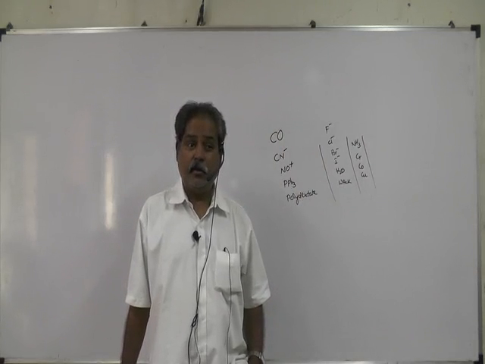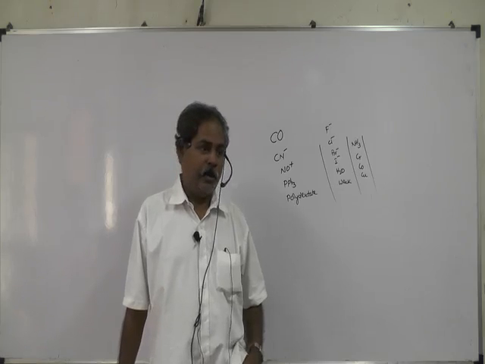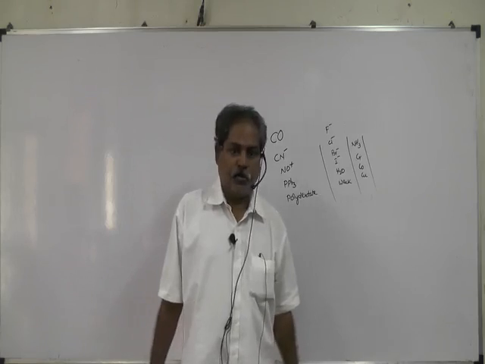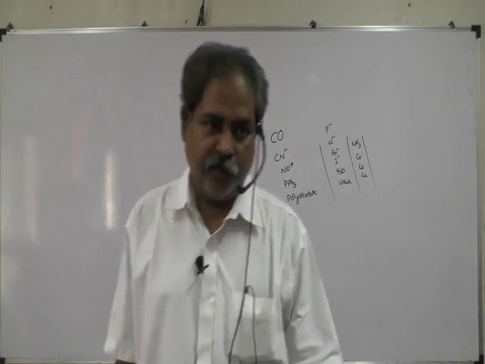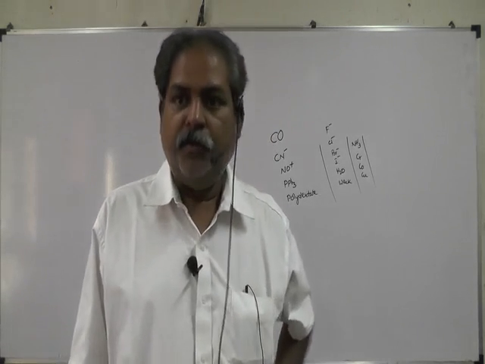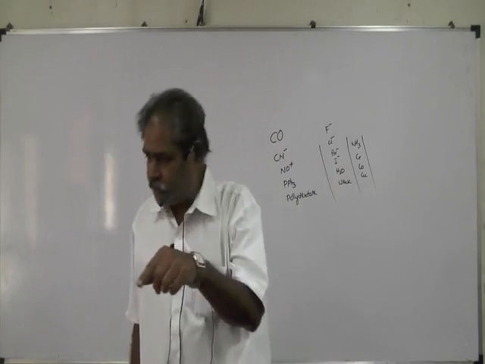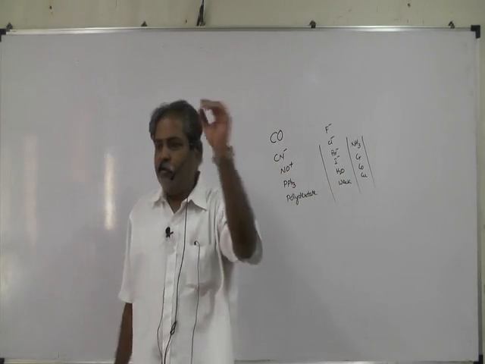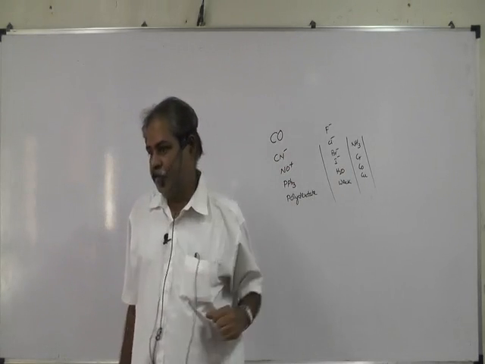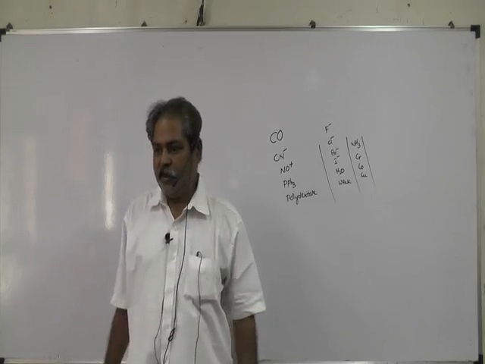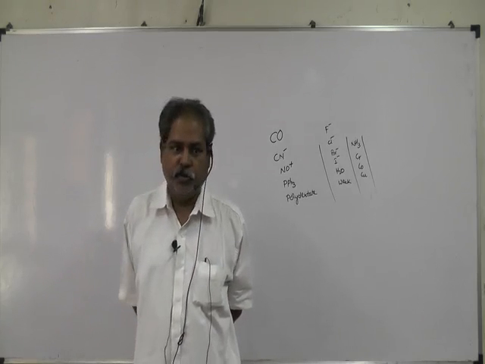Oxalate, मालूम नहीं. H2O बाद में मतलब weak आएगा. Water in that spectrochemical series doesn't give you the strength of ligands. It all depends on the intensity of the color they produce.